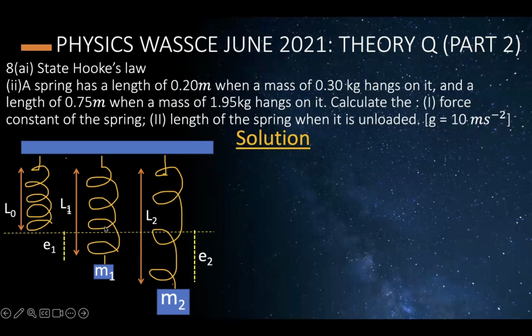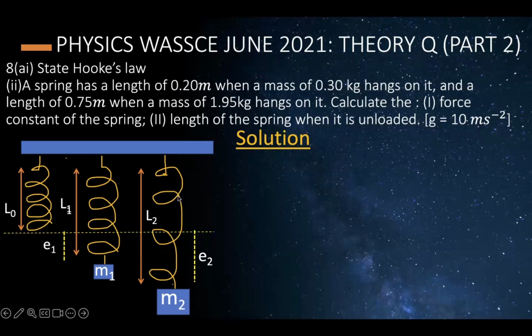Okay, then there is a second setup, and a length of 0.75 meters when a mass of 1.95 kg hangs on it. So this second setup is saying that when you hang a mass of 1.95 kg, in this case M2, on this spring, it will stretch it even more.